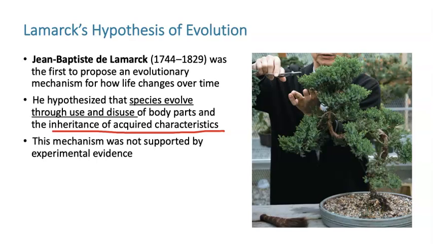Of course, if you think about it in terms of humans, that doesn't make too much sense. If you keep your hair long, does that mean your baby is going to be born with long hair? Or if you exercise and build your muscles, does that mean that your child will be born with big muscles? So that's where some of the flaws come in with Lamarck's hypothesis.